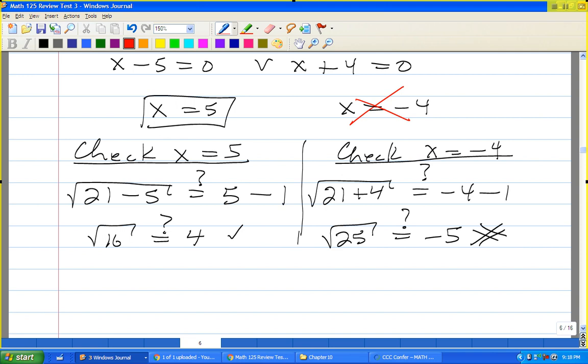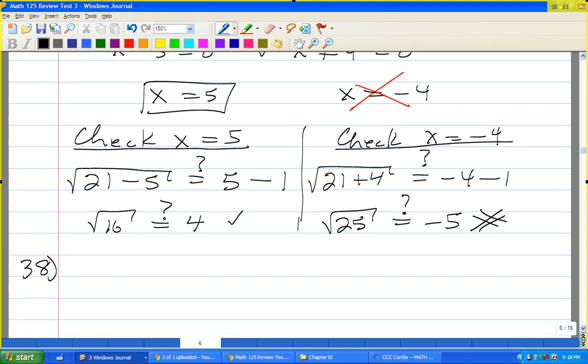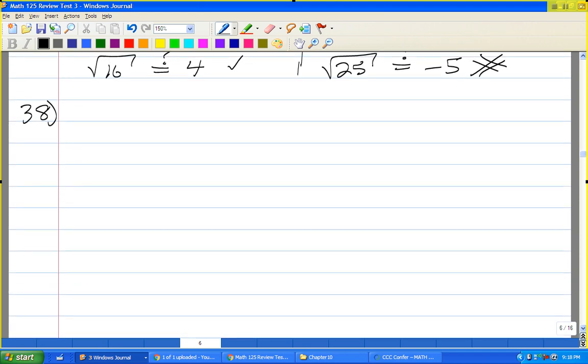Let me do problem number 38. So problem 38, radical 9x minus 17 equals 3 minus x.